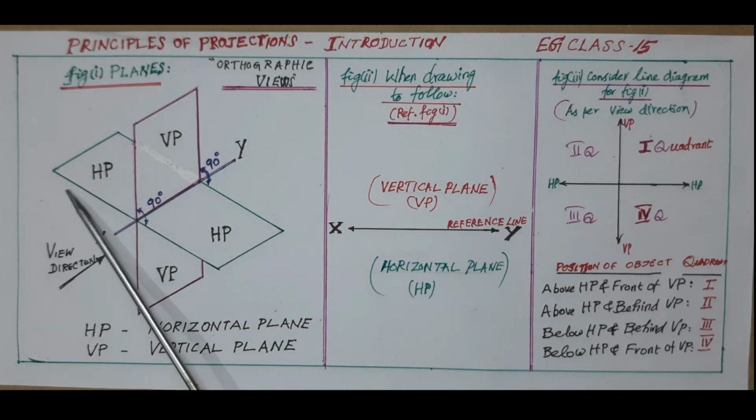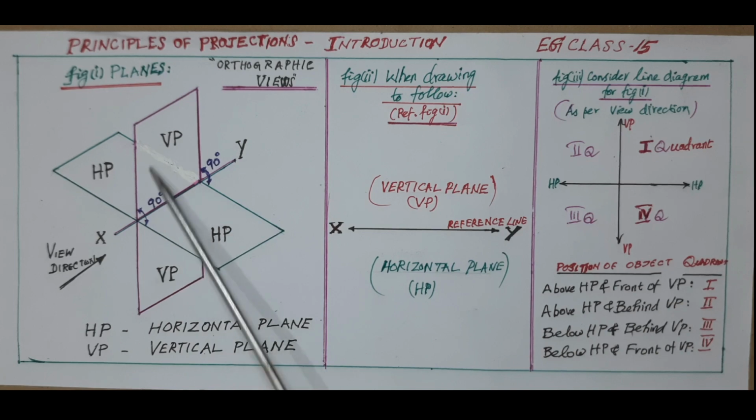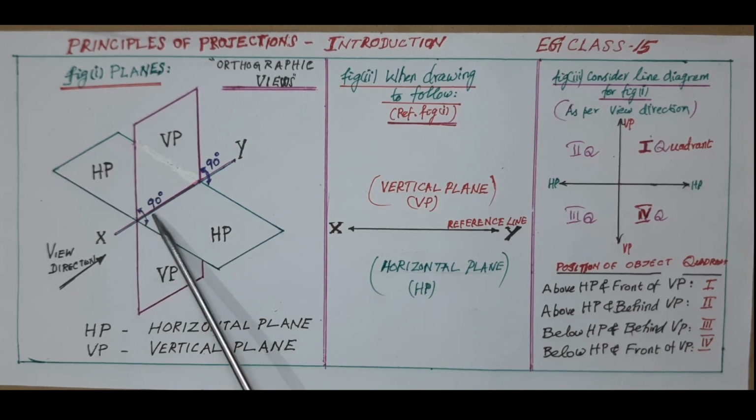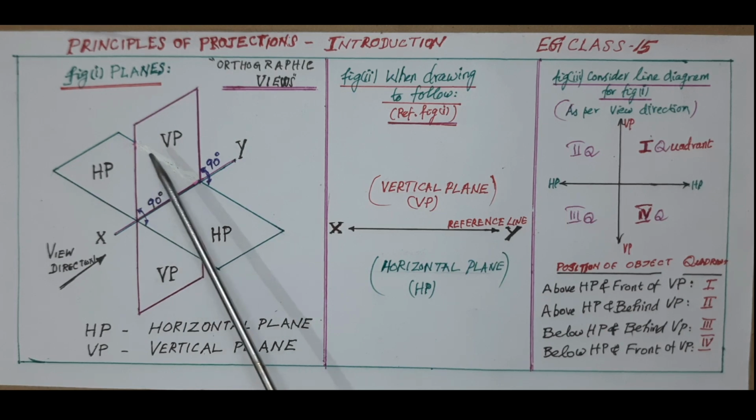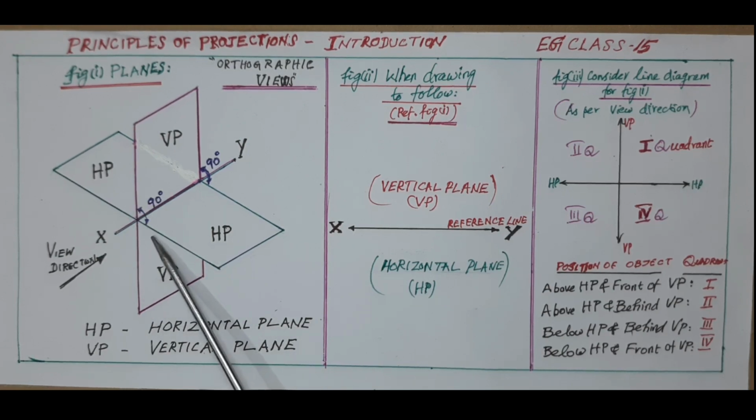Here the green color shows the horizontal plane and the red color shows the vertical plane. The angle between the planes is 90 degrees at all four joining points, that is HP to VP, VP to HP. All the points are having 90 degrees each at the joining place.